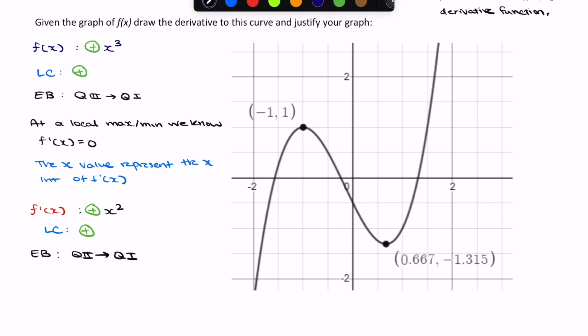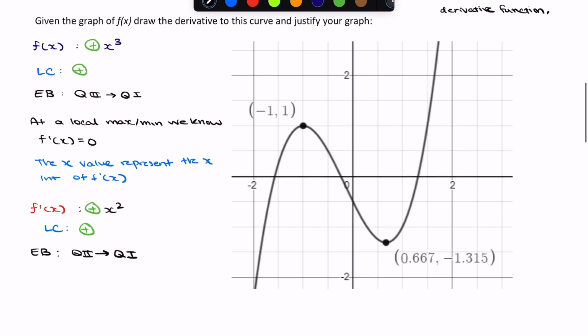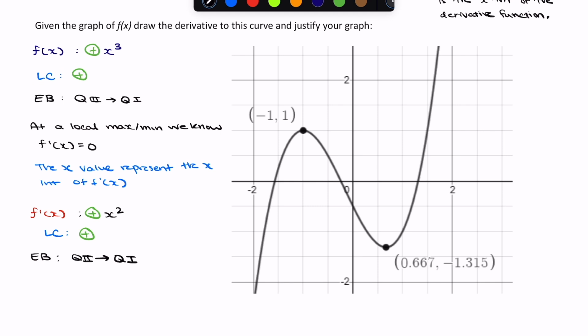Okay, so if we look at this graph here, we have an x cubed function. We know that at a local maximum, f prime of x is equal to 0.